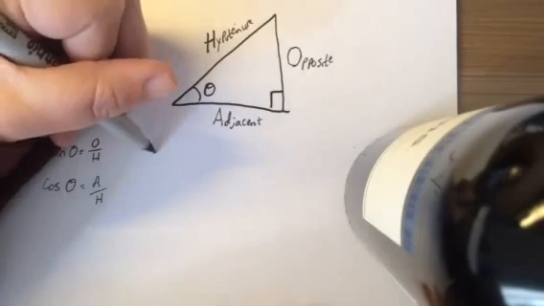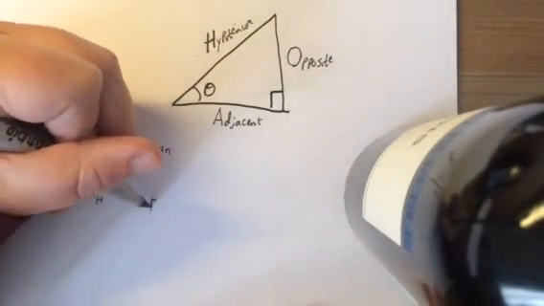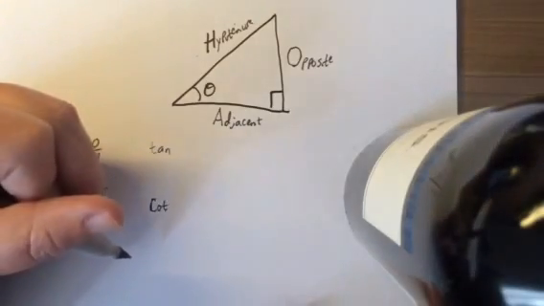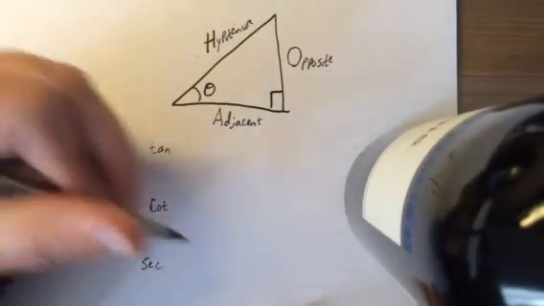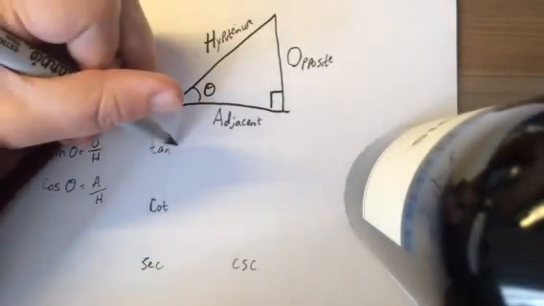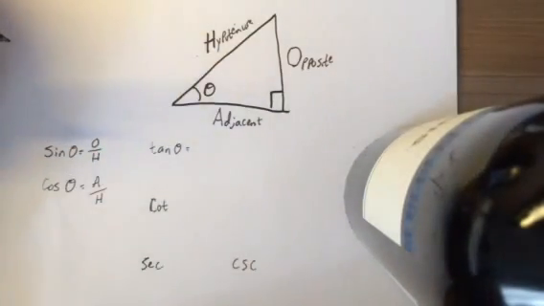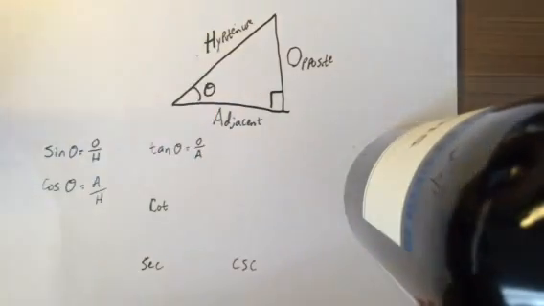So the other trig values that you're going to see are tangent, cotangent, secant, and cosecant. So tan of theta, from a triangle, would be opposite over adjacent.